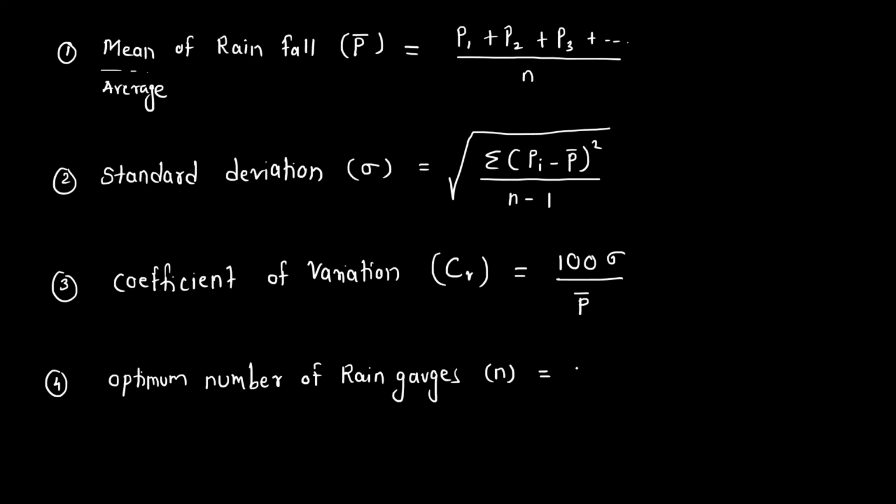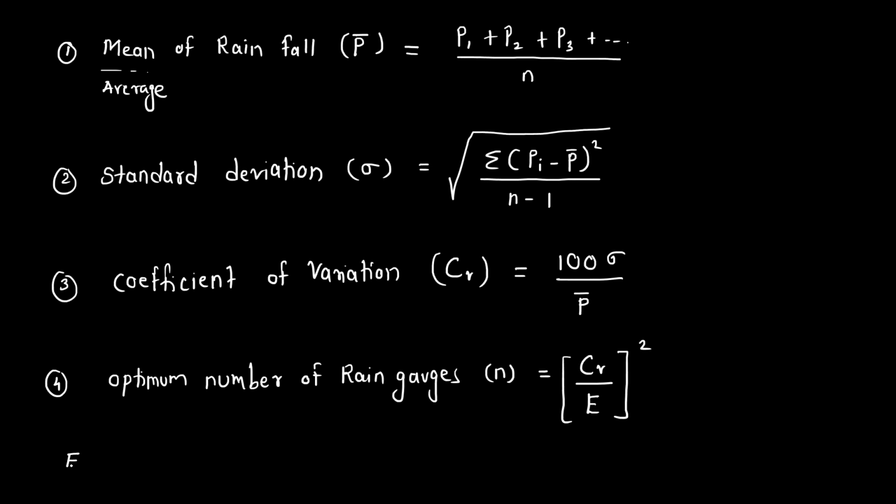This n is equal to (CV divided by E) whole square. Now this CV means the coefficient of variation, so we can find it out by 100 sigma by p bar. This 100 and sigma, both are present here. This E value is new. Okay, so write it down.